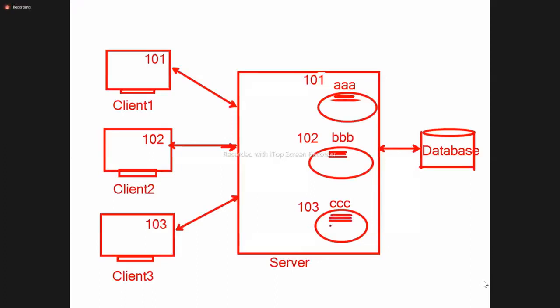5 items are selected. Now, client 1 is searching for mobile. You want to buy a mobile also. Here, client 2: what he did is minimize the shopping site. He opened Gmail, is browsing mails. Okay.